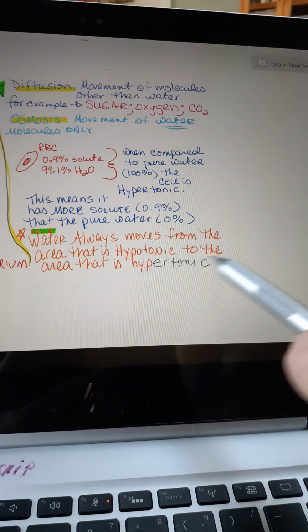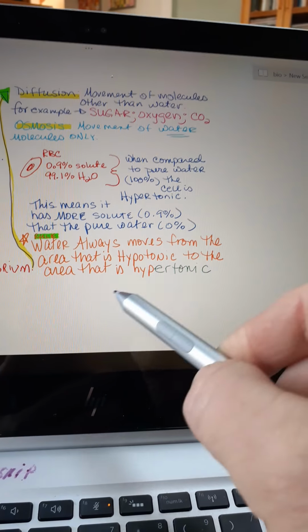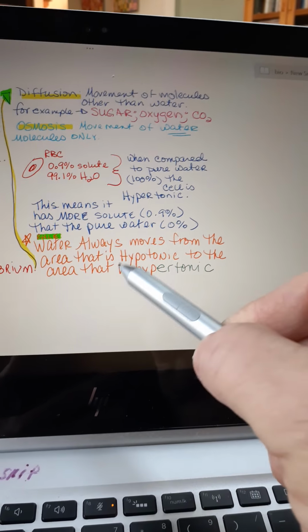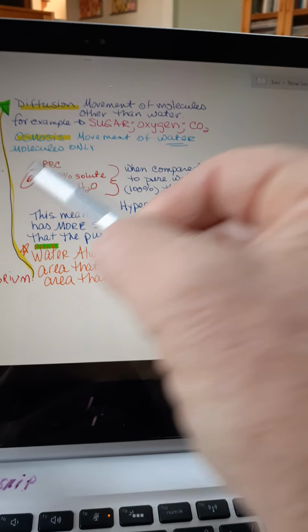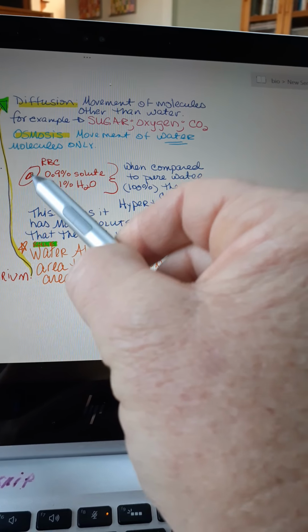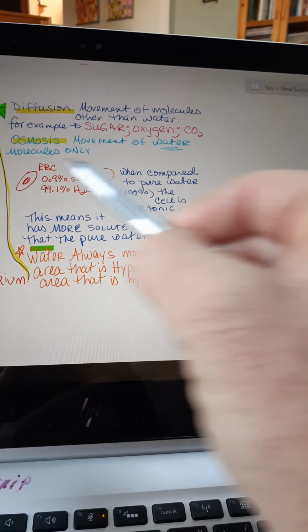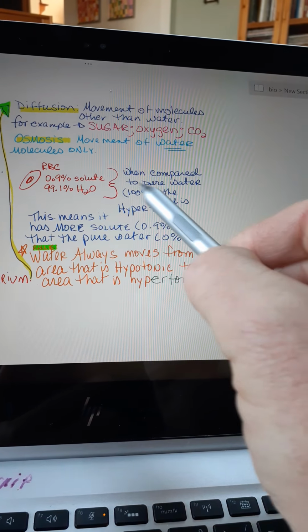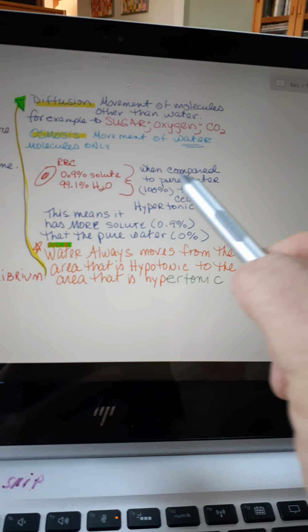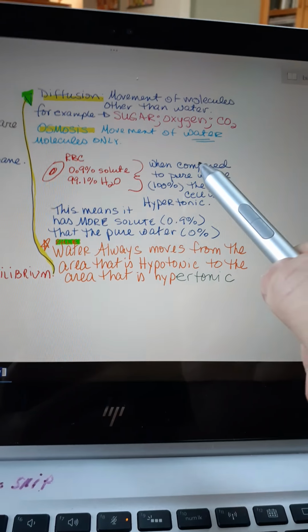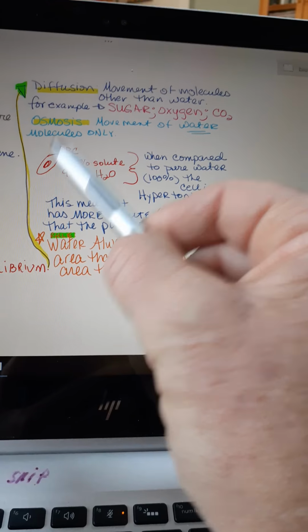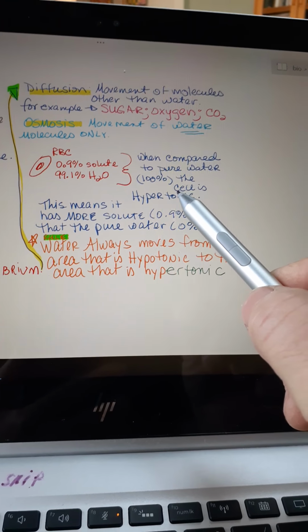So if you could wire it up in your head like this, if you can't think about it logically the other way, this may help you. In this case, if you put this red blood cell in pure water, there's more water here than in the cell. This is 100%, this is 91. Water's going to rush into the cell, and if it happens quick enough, it will pop the red blood cell.